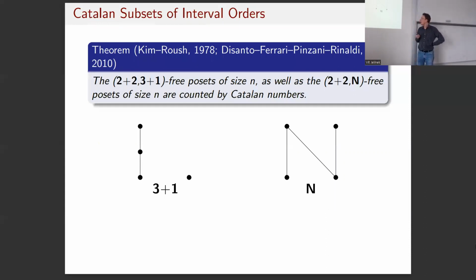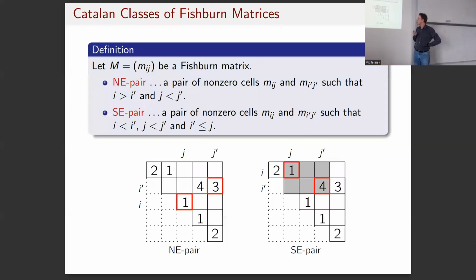And I don't really like to work with posets, so I first translate this terminology into matrices, Fishburn matrices in particular. So here's some more terminology. Say I have a Fishburn matrix like this, and a north-east pair or NE pair is a pair of non-zero cells which have this northeast relative position.